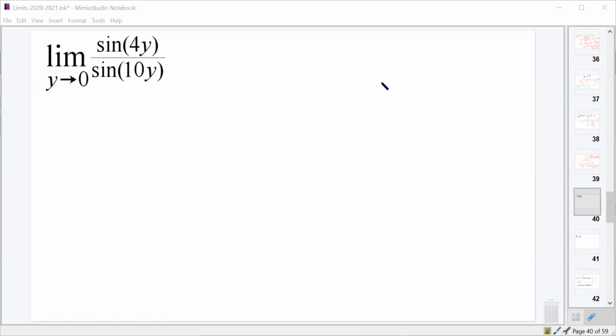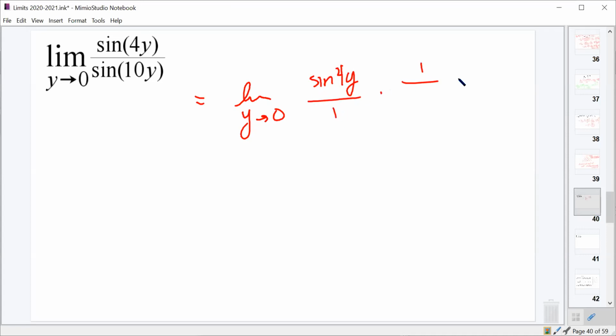Let's just rewrite this as the limit as y approaches 0 of sine 4y over 1 times 1 over sine 10y. Is that the same thing?